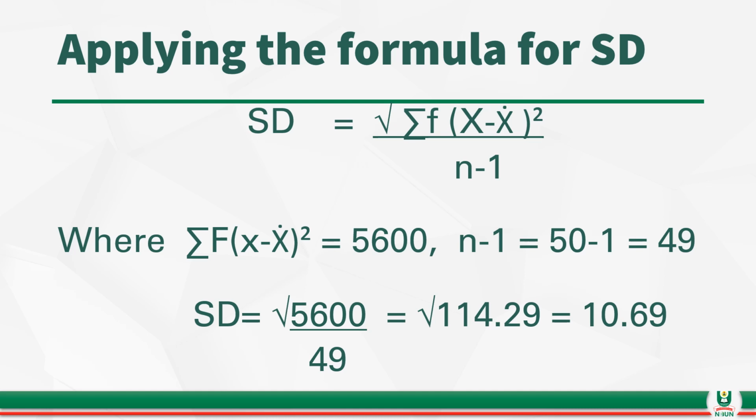Remember, in the previous table we calculated the summation of the frequency and the mean deviation squared to be 5600. Our total frequency is 50, so n minus 1 is 50 minus 1, which gives us 49. So the standard deviation is the square root of 5600 over 49, and that will give us 10.69 as our standard deviation.